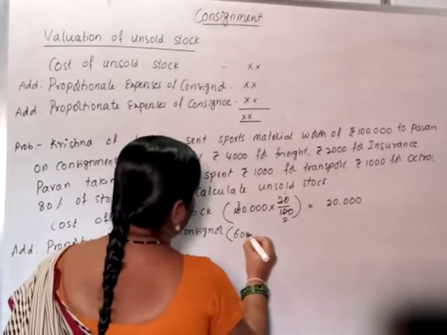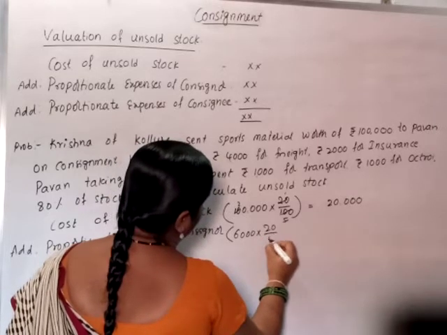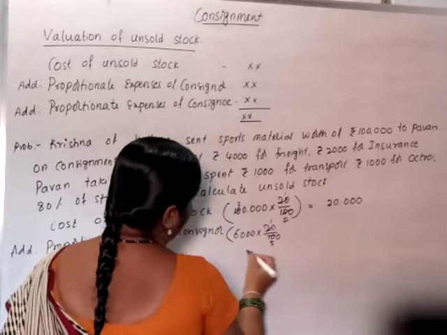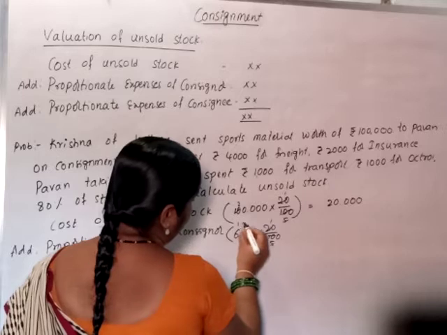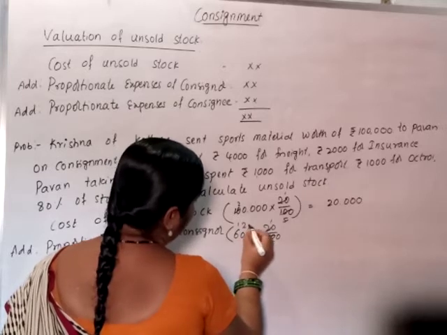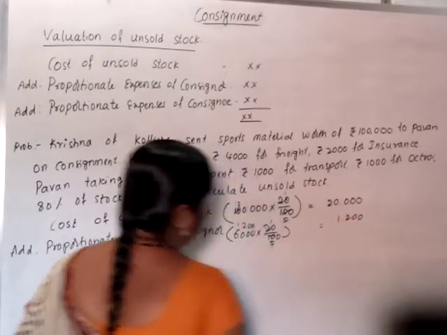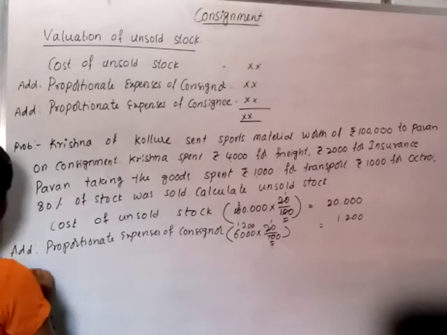So 6,000 into the unsold proportion, 20 by 100. 5 ones are 5, 5 2s are 10, 2 zeros are there. It becomes 1,200.